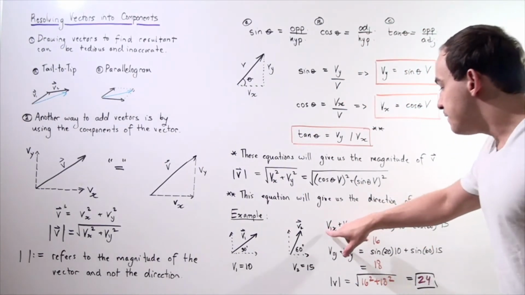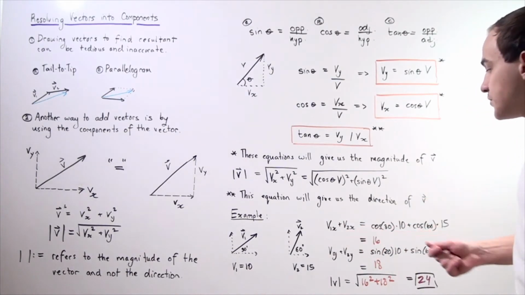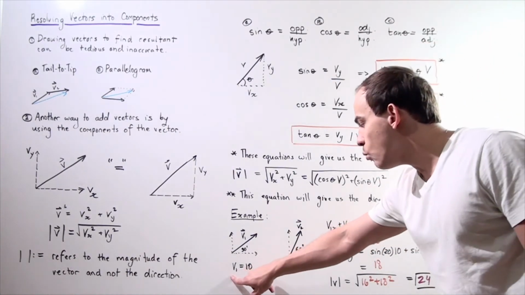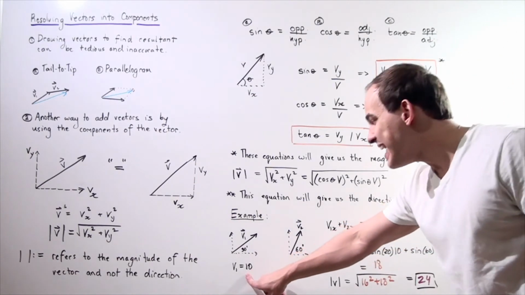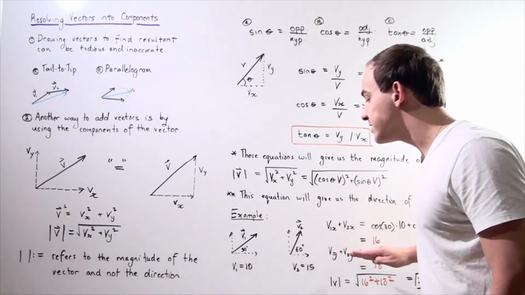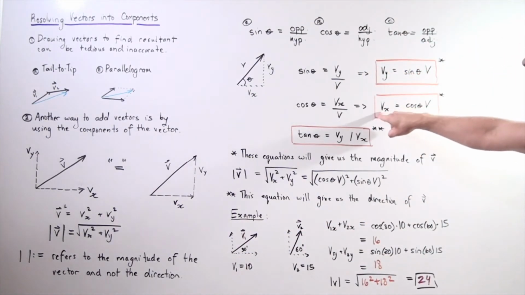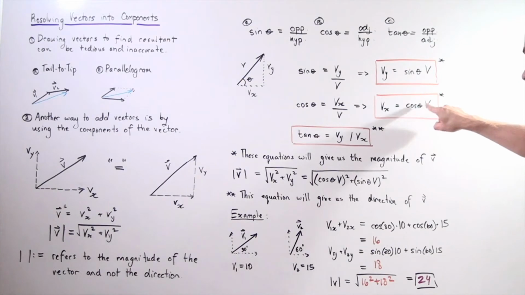So, V1x plus V2x. We know V1 has a magnitude of 10, and for the component along the x direction, our formula is given here: vx is equal to cosine theta times v.